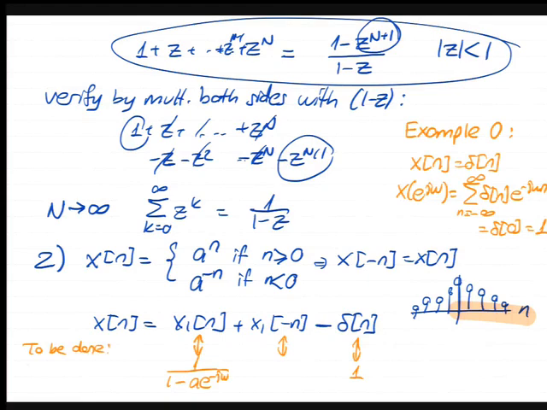If x of n gives me Fourier transform X of e to the j omega, x of negative n gives me X of e to the negative j omega. Fairly easy to remember and very easy to prove too, so I wouldn't even probably prove it. You should do this on your own. So therefore, I don't need to do any more work here. I just have to take this expression, flip the sign of omega, and that will be the Fourier transform of the second piece: 1 over 1 minus a e to the positive j omega.